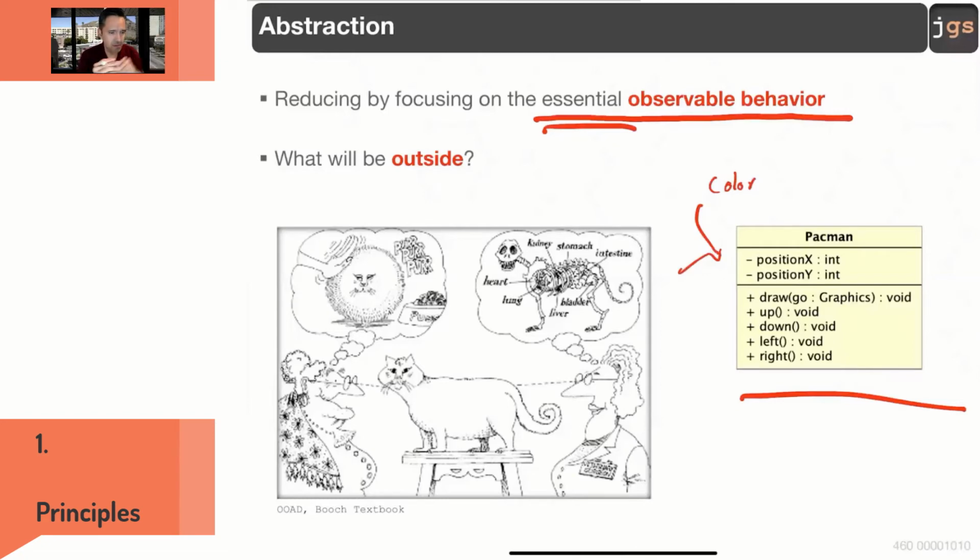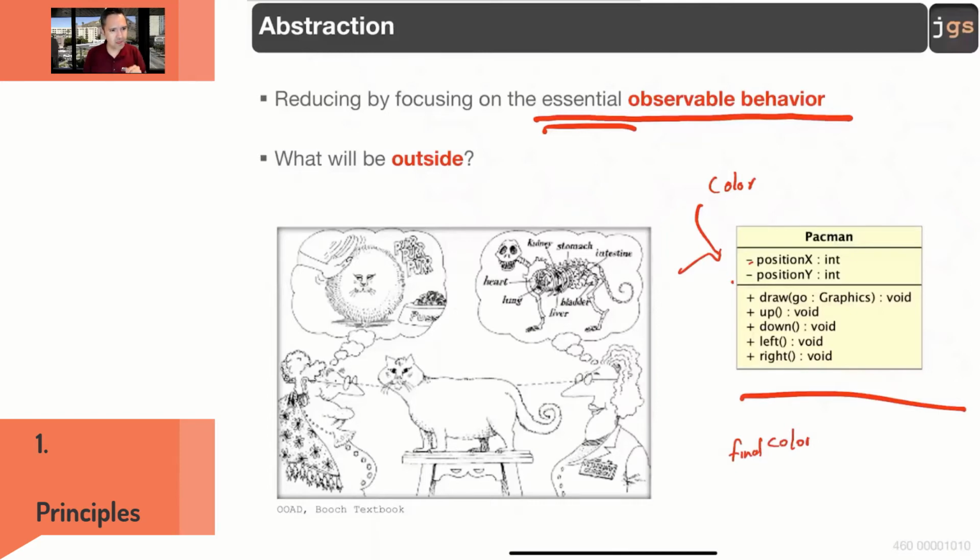Now, just to clarify, just in case that someone does not know what is the color of the Pac-Man, you can define here not a variable, but a constant. You can define color, but if you define color, your abstraction should be, you know what? This color is final, a constant in Java.